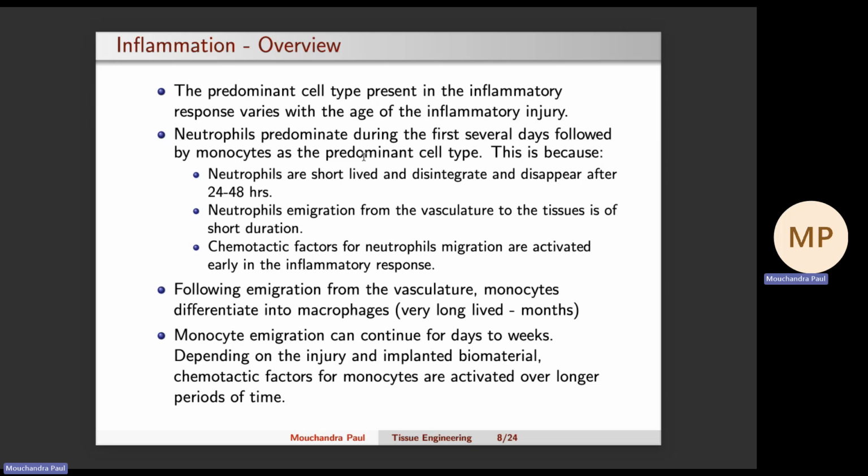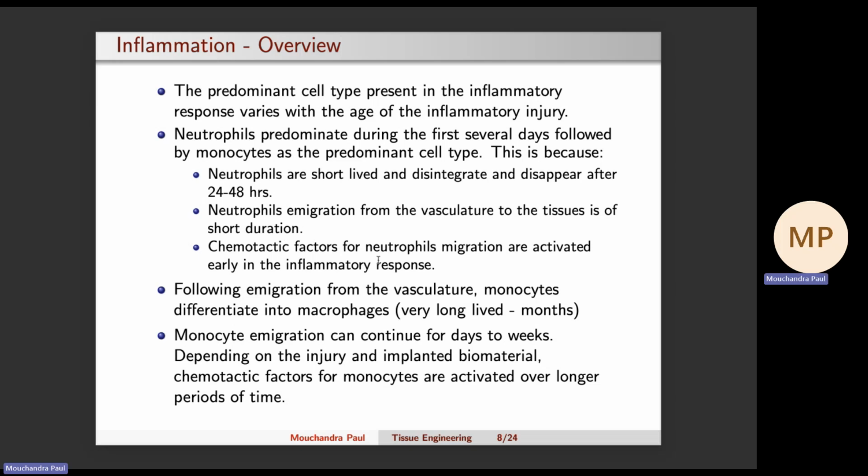Why is this so? This is because neutrophils are short-lived, so they die very quickly. They die within 48 hours. And the emigration of these neutrophils from the blood vessels to the tissue happens in a very short duration as well, so they migrate fast.